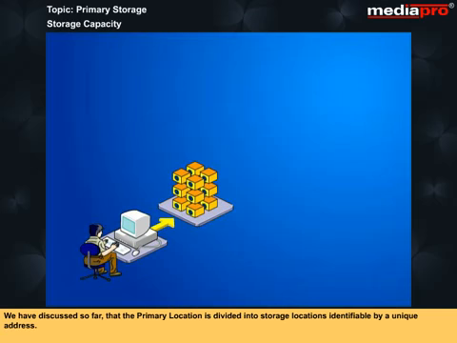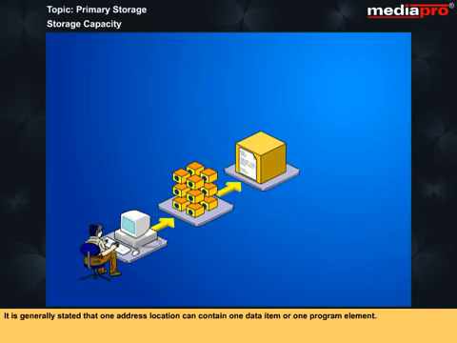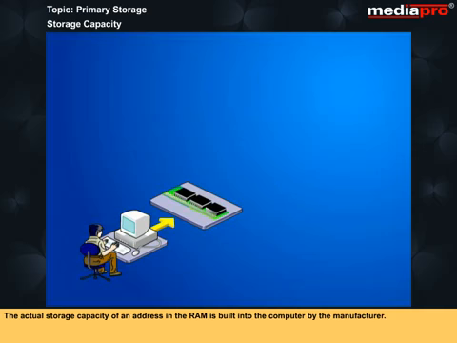We have discussed so far that the primary location is divided into storage locations identifiable by a unique address. It is generally stated that one address location can contain one data item or one program element. The actual storage capacity of an address in the RAM is built into the computer by the manufacturer.